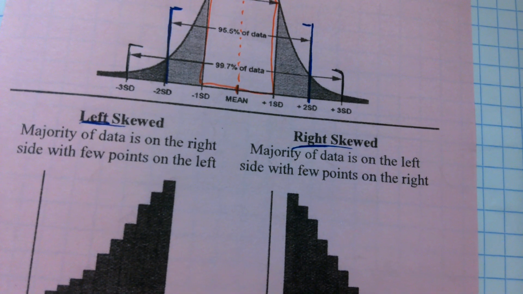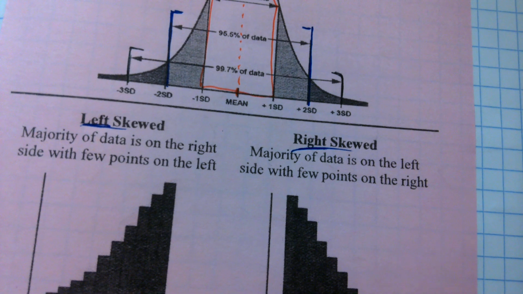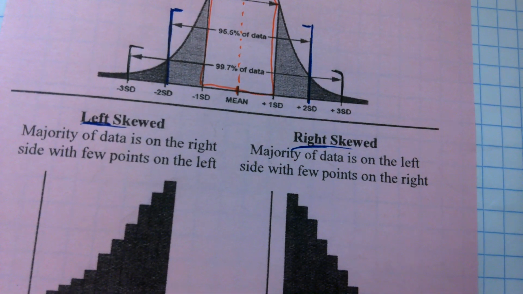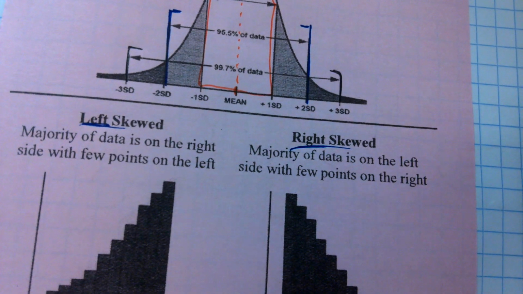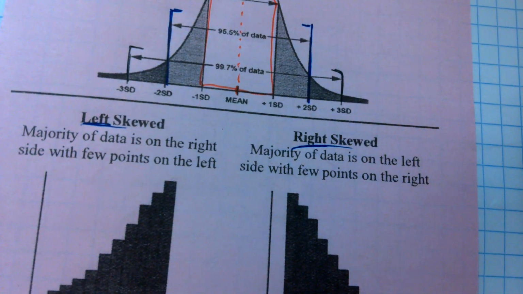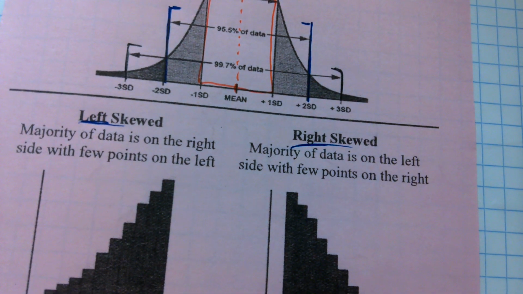All right, and then we have right skewed. Okay, what are the two variables being compared in this graph? Yearly income and relative frequency. Okay, so we see on the lower end of the yearly income, it's a lot more frequent for people to be making between $10,000 and $40,000, right?